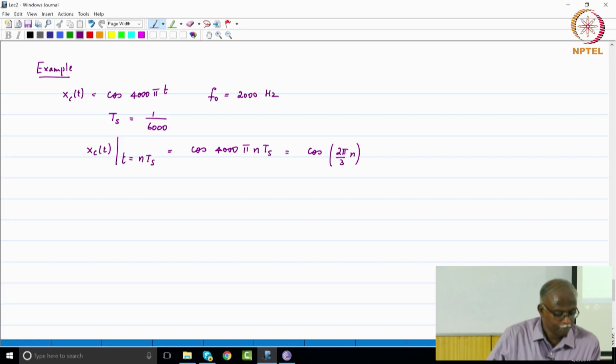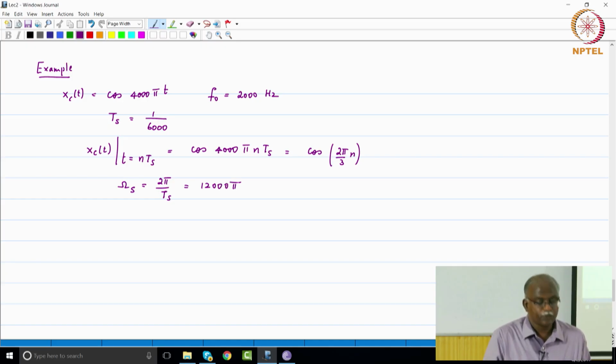So, the sampling frequency that in this case was used was sigma s equal to 2 pi by Ts, that is equal to 12,000 pi.